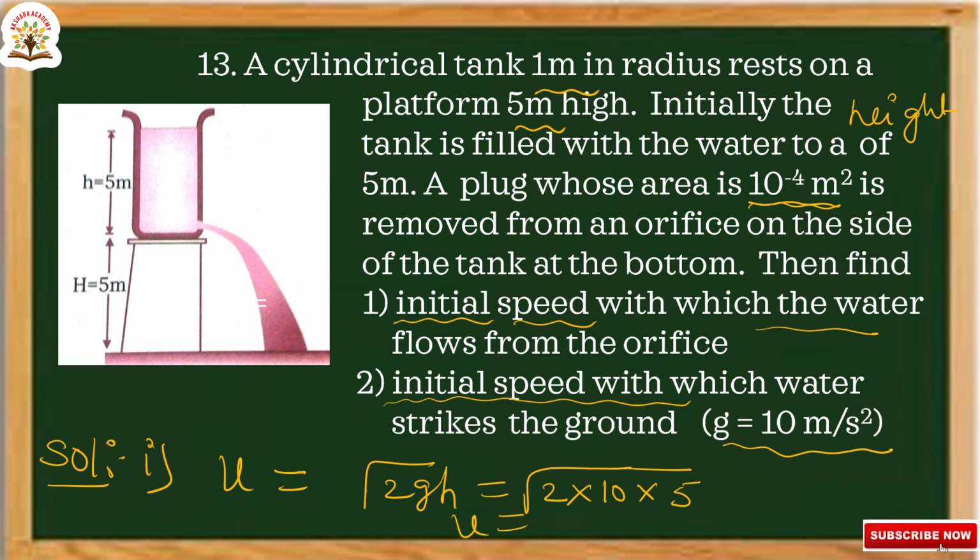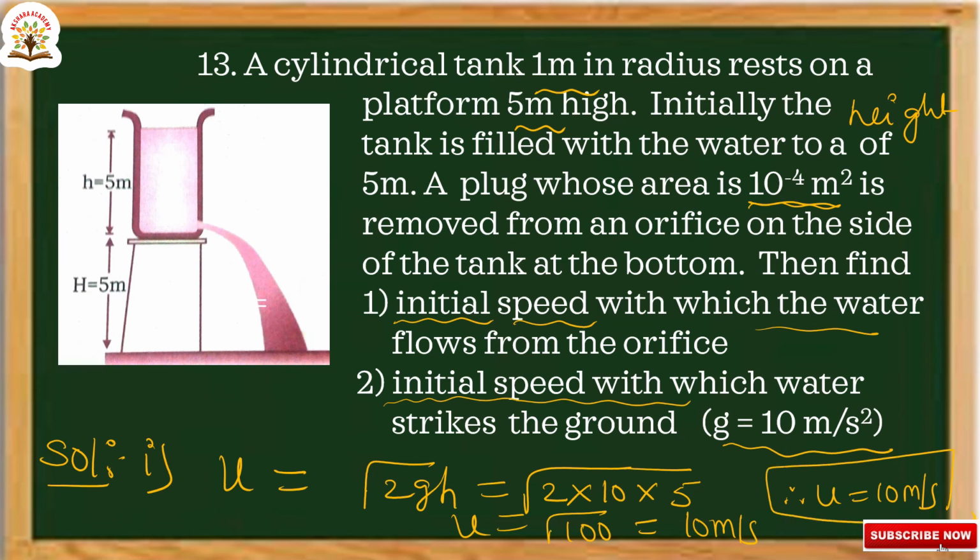So u is equal to root 100, that is equal to 10 meters per second. Therefore the initial speed with which the water flows from the orifice is u equal to 10 meters per second. We calculated the first one.